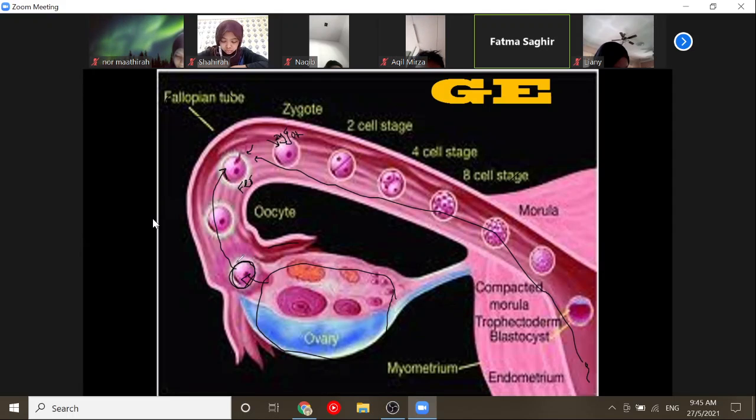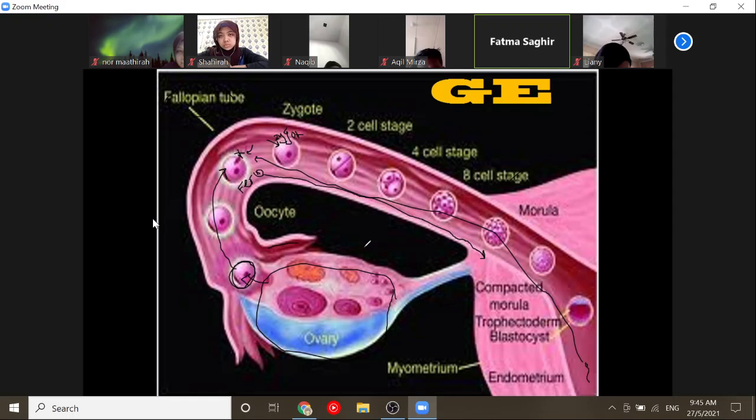Overall, even if there is no sperm, the oocyte will move down. Or if fertilized, it will also move down. In any case, whether fertilized or not, in both cases there is movement to the uterus.